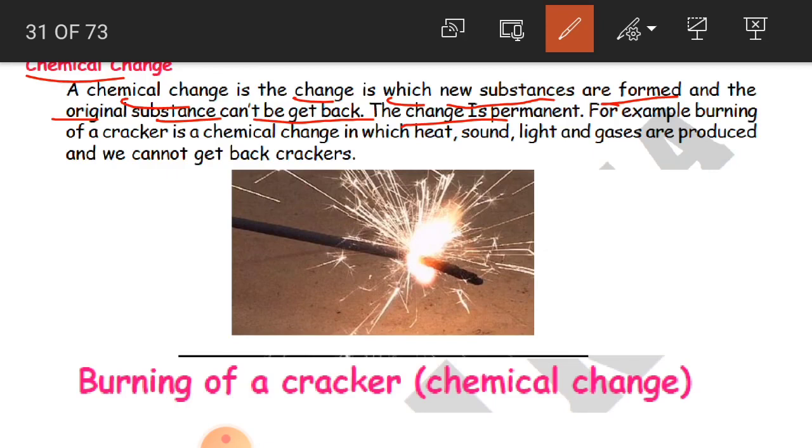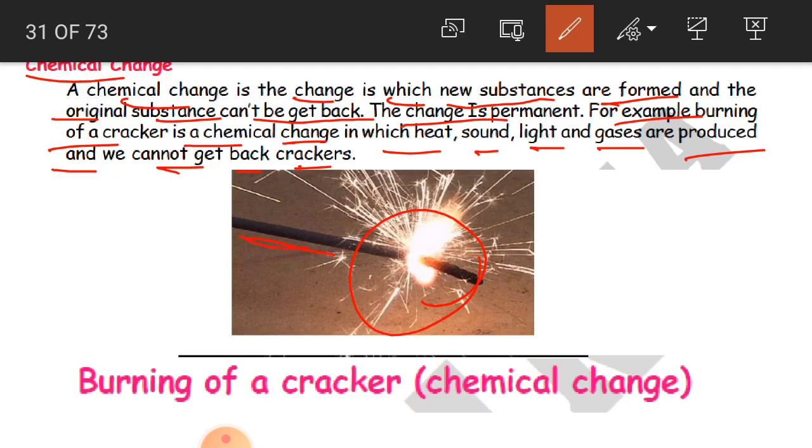Clear, children? For example, burning a cracker is a chemical change in which heat, sound, light and gases are produced, and we cannot get back the cracker. See, so here is one example, burning a cracker. Now what happens when you take this cracker, light a fire and burn it?